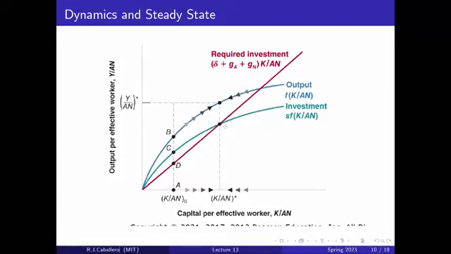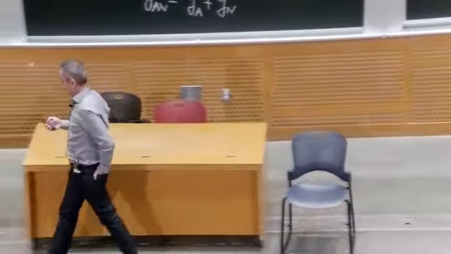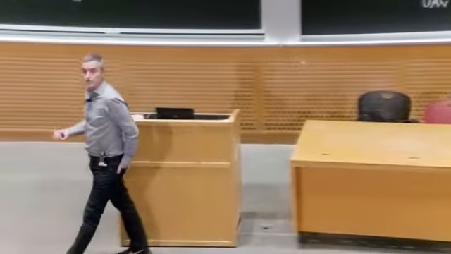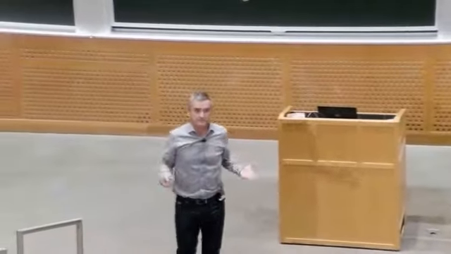So now I can ask you the question that I asked you before with population growth and see how much I can confuse you. Suppose that GA goes up. That sounds like a good thing, no? Suppose that we're at the steady state here, and this diagram has too much stuff.